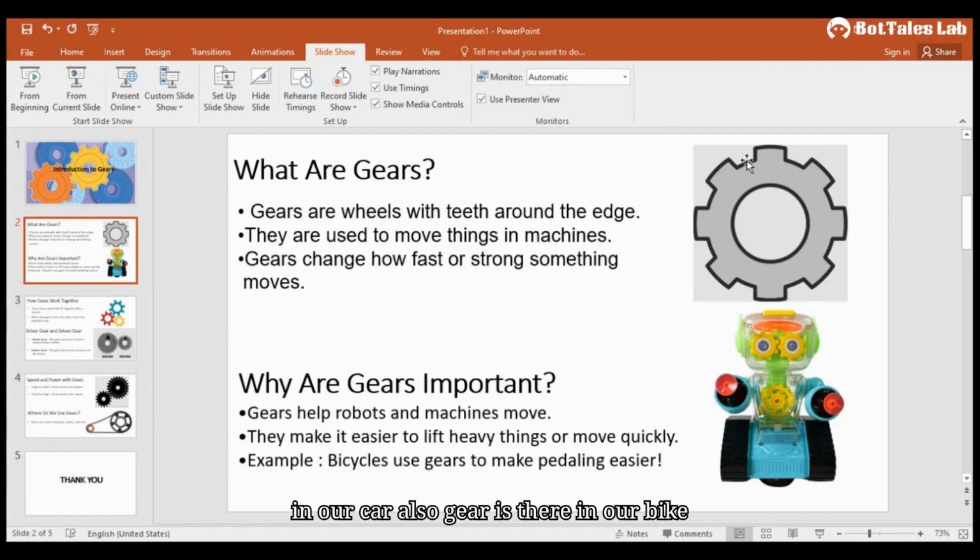In our car gears are there, in our bike, in our cycle, and in many household machines gears are used. Take the example of your robots and toys: in each and everything gears are there, and they are used to lift heavy things more easily and quickly.